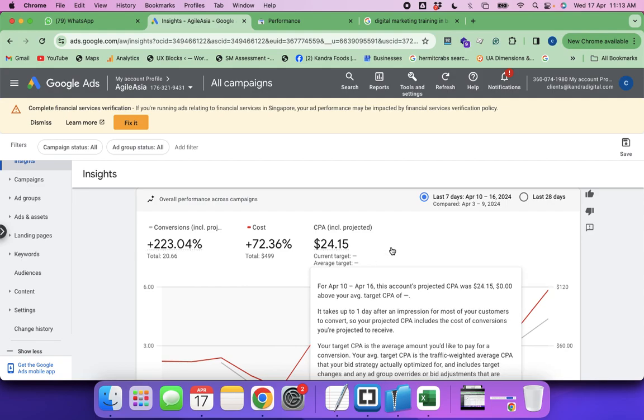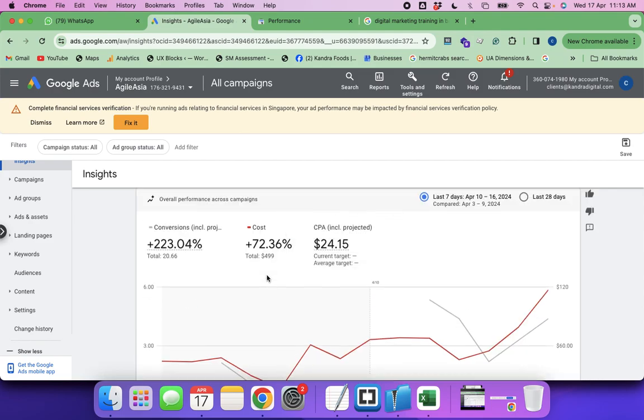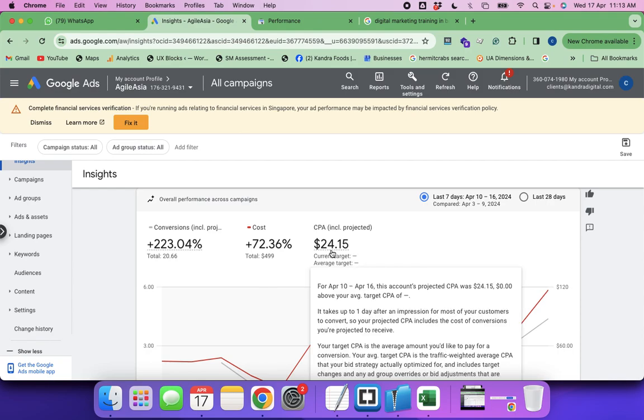For April 10 to 16, this account's projected CPA was 24.15, above your average target CPA. It takes up to 1 day after an impression. So CPA is cost per acquisition, and it's suggesting you have to spend around 24.15 Singapore dollars to acquire one customer.